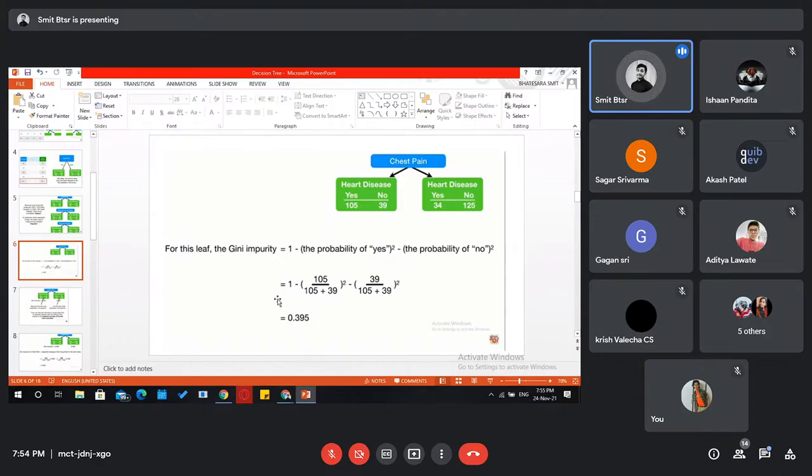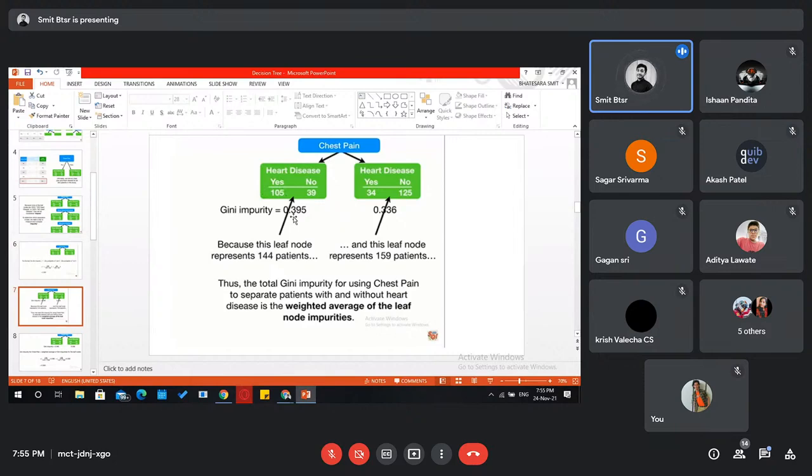We can say that the impurity of this relationship with chest pain is 0.395. Similarly, we can find the impurity of both. Okay, 0.395 and 0.336. So after calculating Gini impurity, we can see that the second one is less impure than this one.